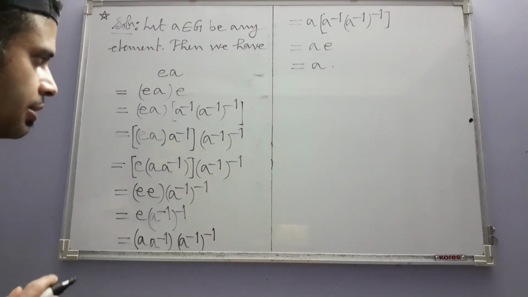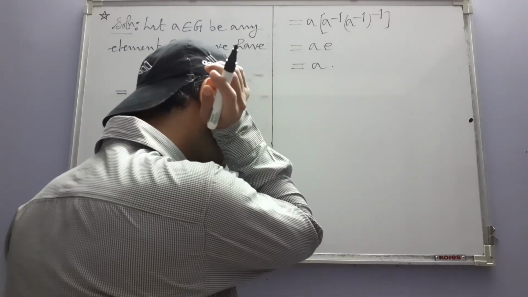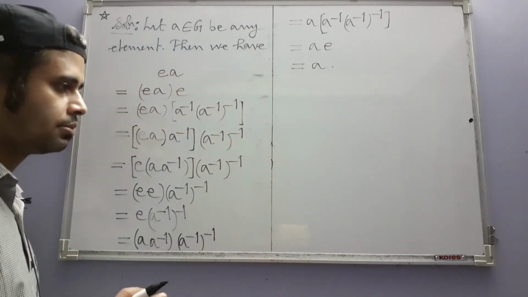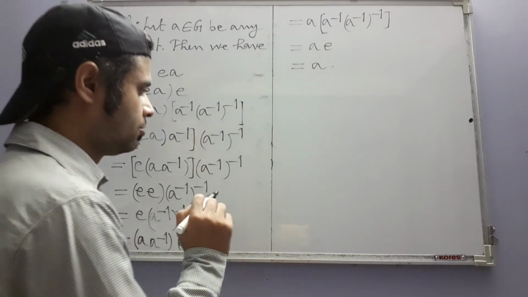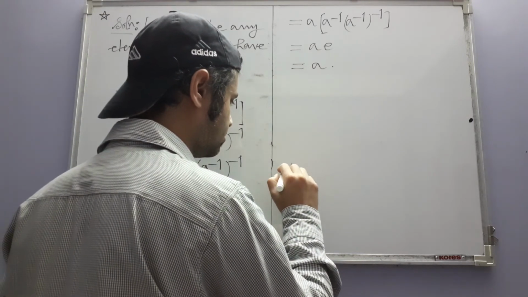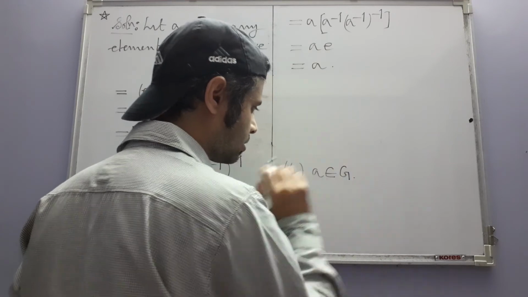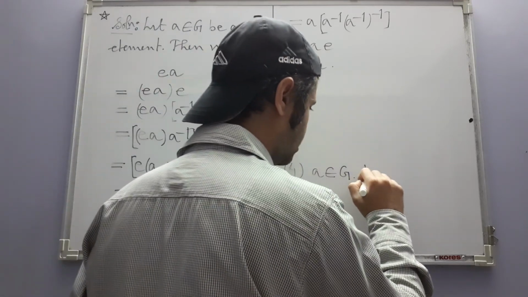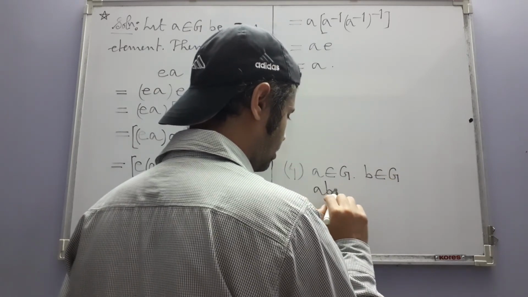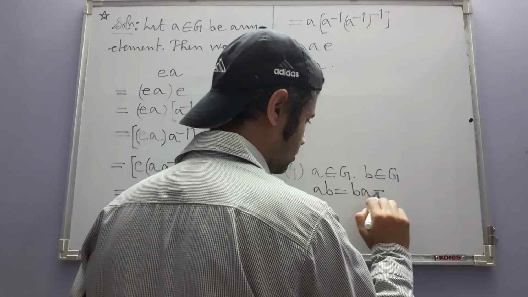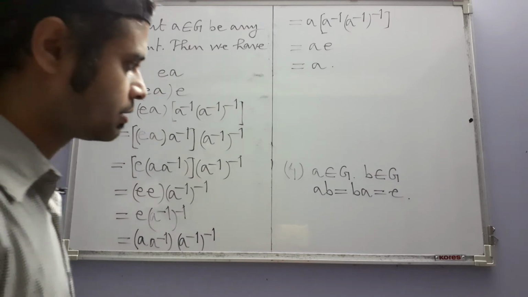Now there is one more thing that I must mention. I am saying that all the axioms except the third one are the same. That is not actually true. Note that the fourth axiom says that if you have any element A in the group, then there exists an element B in the group such that AB is equal to BA is equal to E, and this is the existence of inverse.